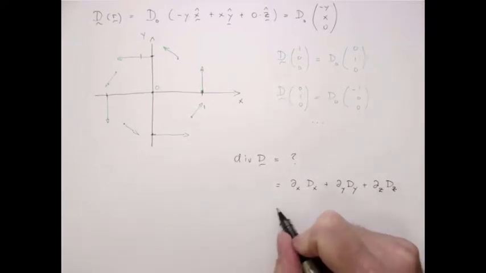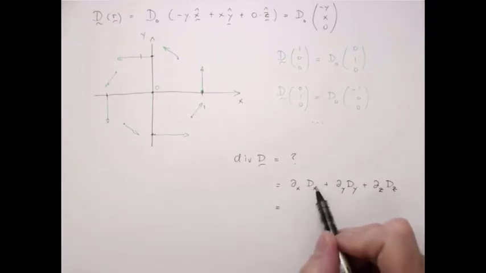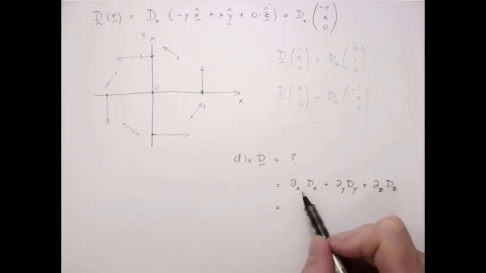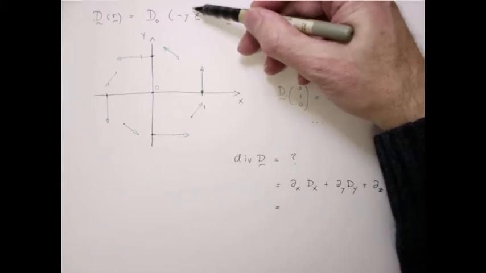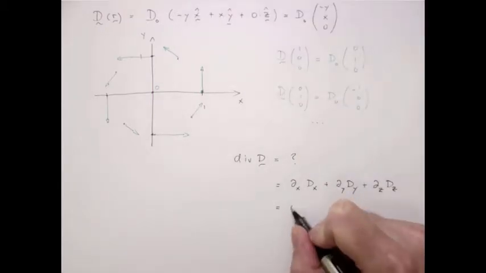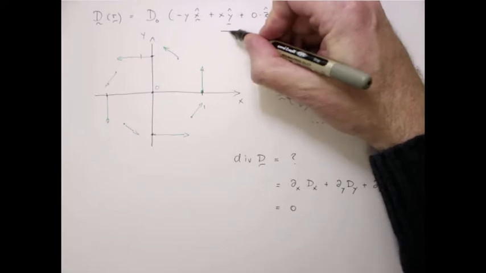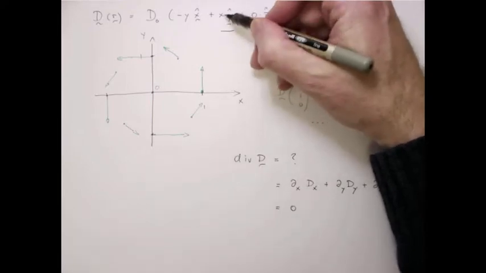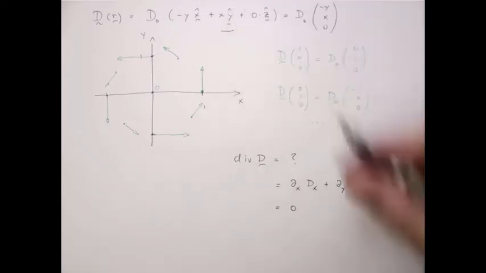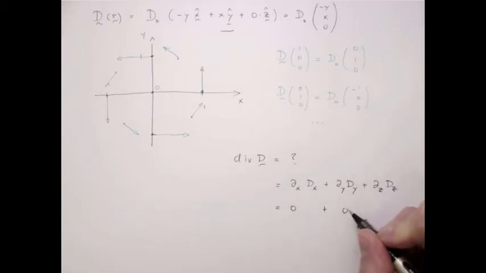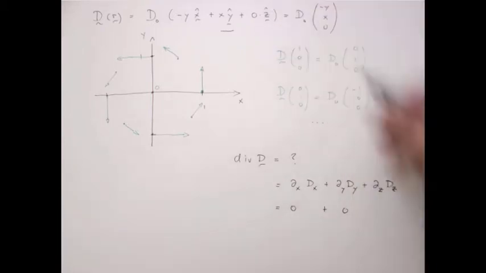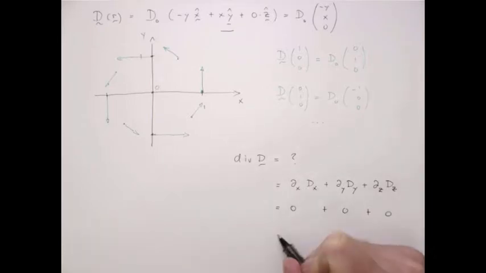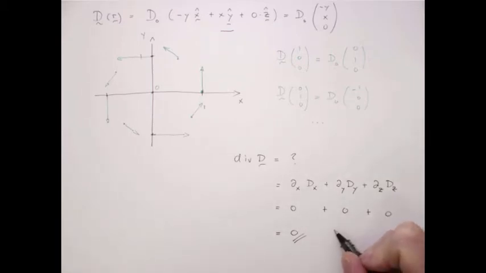If we carry this out, we find that the x component differentiated with respect to x gives us a 0 because there is no x dependence. Similarly, if we differentiate the y component with respect to y, because there's no y dependence, we get a 0, and the differentiation of 0 is also 0. So we find that the divergence of D is 0, and in fact everywhere.